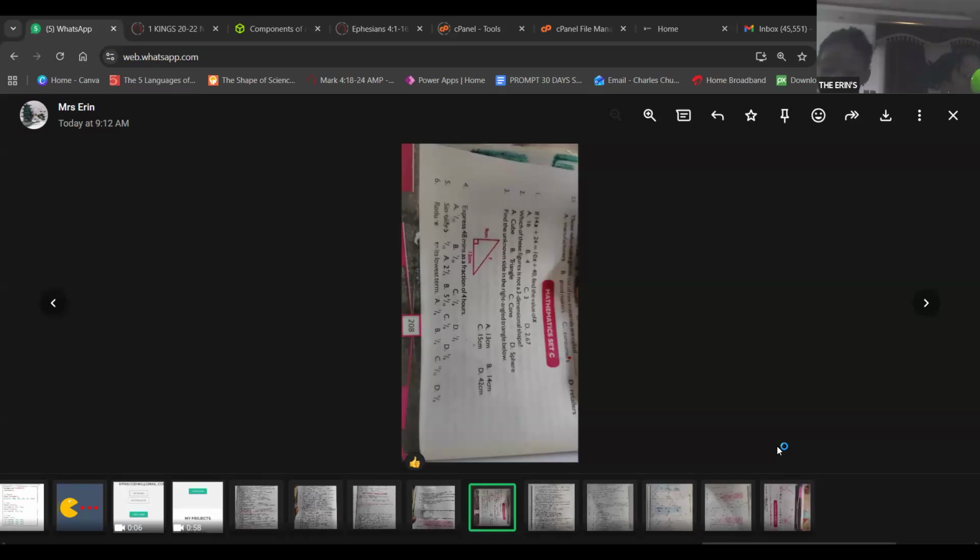Instead of saying shapes, they wrote figures. Have you seen number 2? Number 2 says, which of these figures is not a three-dimensional shape? Is that 3, not 2? Three-dimensional shape. So which one is it? I would say a cube.